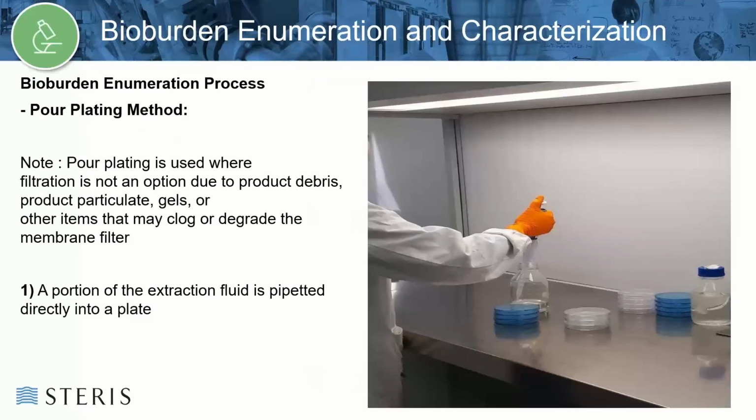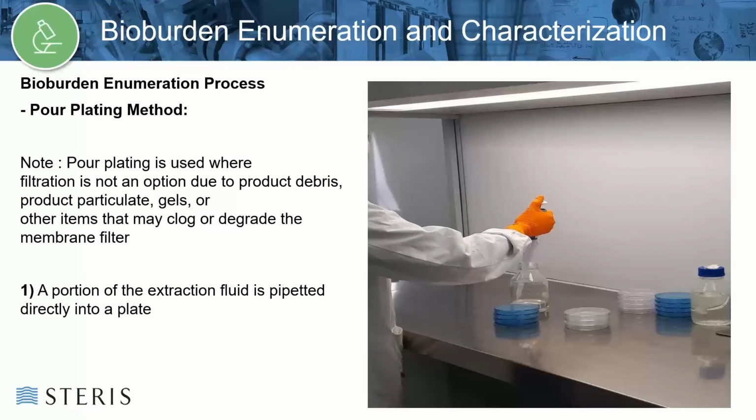Pour plating is used where the filtration method is not an option. This could be due to product debris, product particulate, gels, or items that may clog or degrade the membrane filter. Pour plating is carried out as follows.